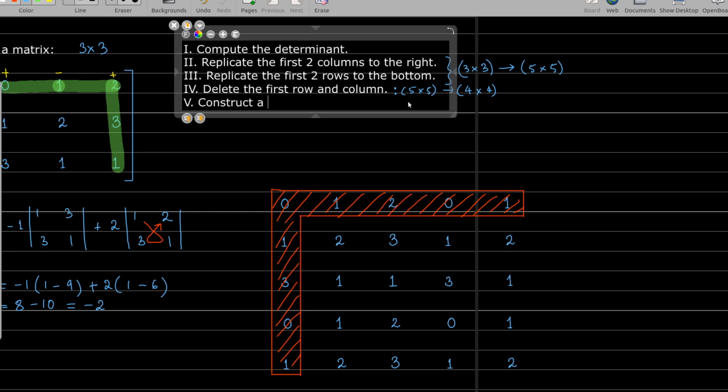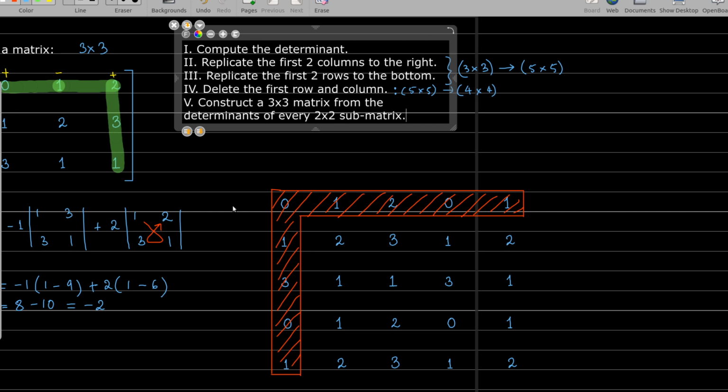Construct a 3 cross 3 matrix from the determinants of every 2 cross 2 submatrix. Let me show you how.